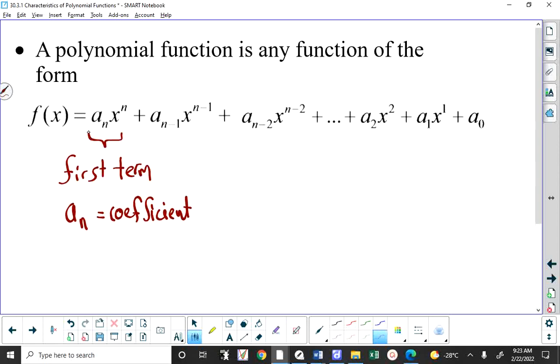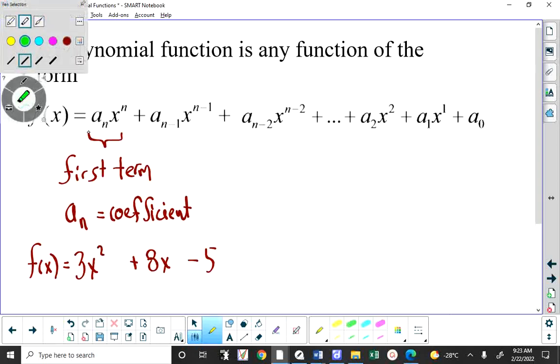If I were to give you a function like f of x equals 3x squared plus 8x minus 5, then what I would be telling you is that n is 2.